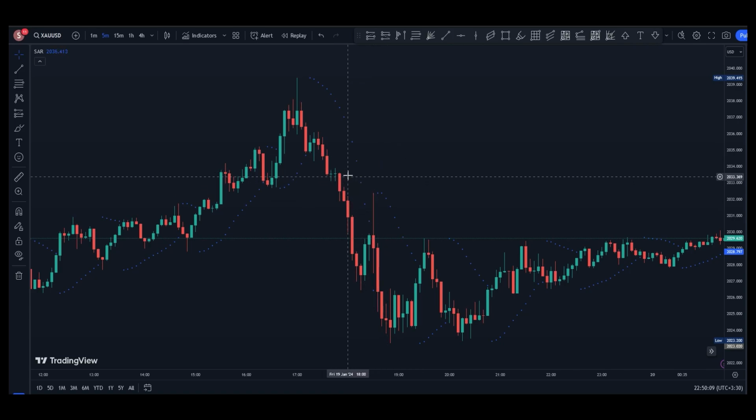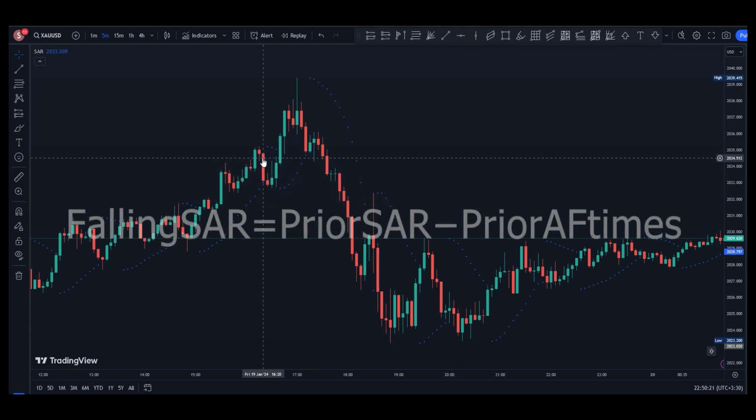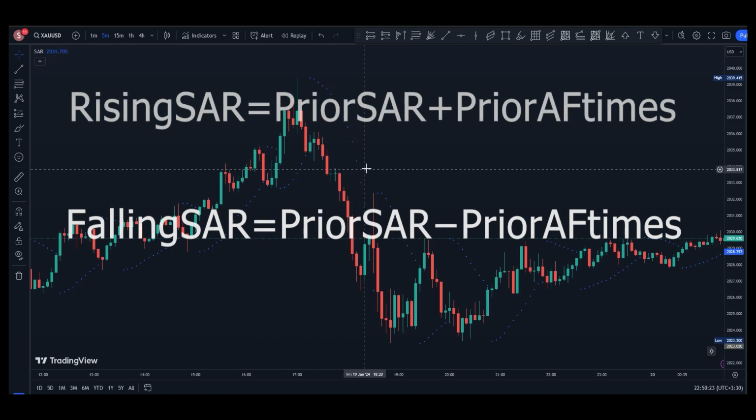The EP is the lowest low in the current downtrend, falling SAR, or the highest high in the current uptrend, rising SAR. The formula for the rising and falling SAR is these two.